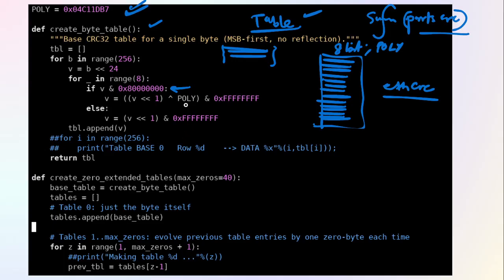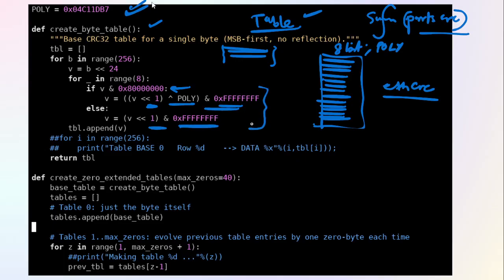If it's 1, we left shift the value by 1, then XOR with the polynomial, and take the lower 32 bits of that value. So the upper bit is thrown away. Once it's checked, you throw it away, XOR with poly, and take the lower 32 bits. If that bit is 0, you just throw it away and don't XOR with poly.